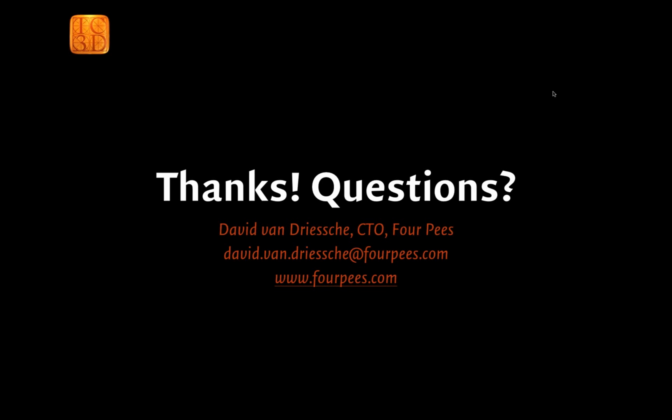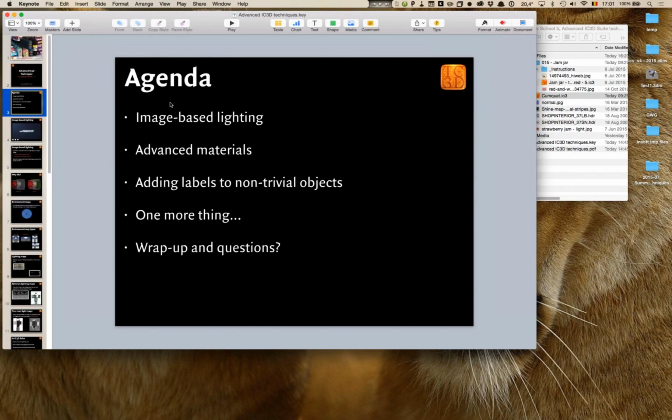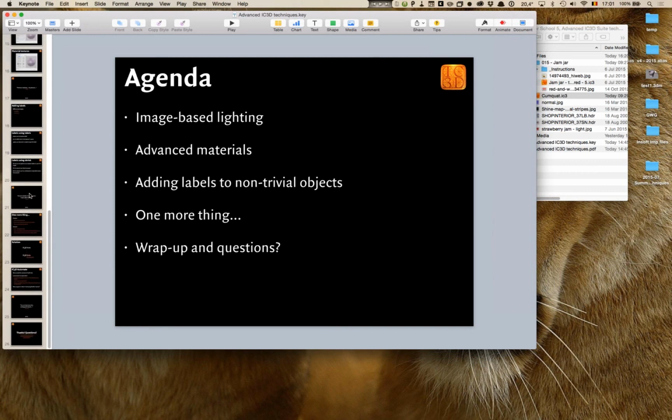Then next to that, we talked about labels. So we talked about lighting, we talked about advanced materials and the material editor, of course, the kumquat, and then we talked about adding labels to non-trivial objects.